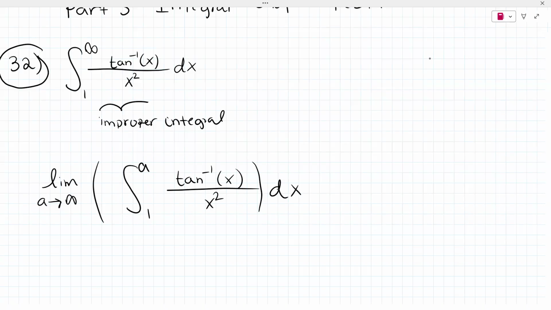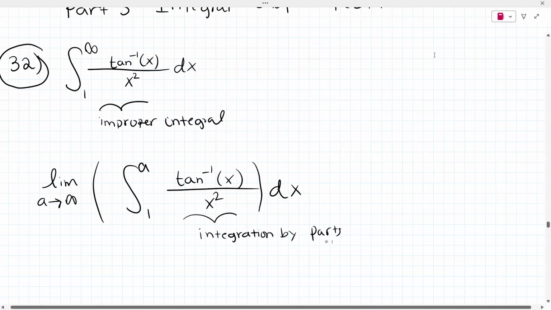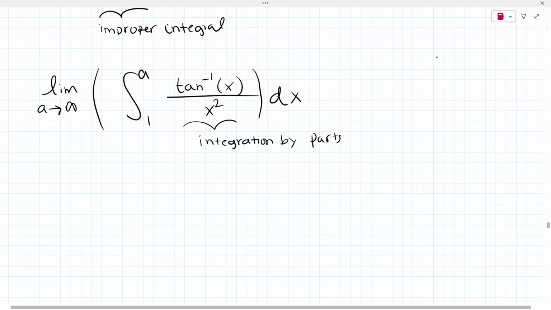How are we going to take the integral of this? Tan inverse of x over x squared. It's not a u substitution. I'm going to say integration by parts. Let's figure out our u and dv.